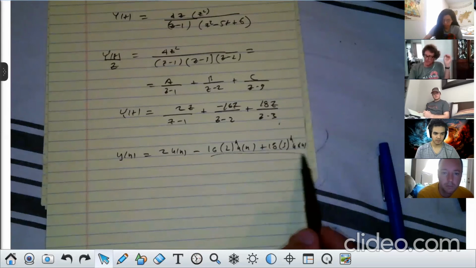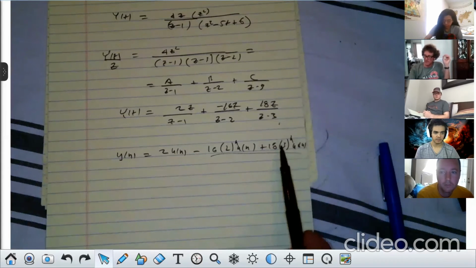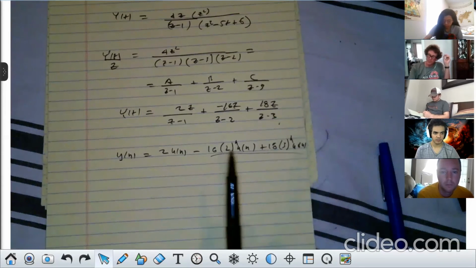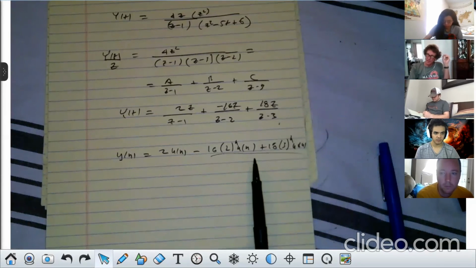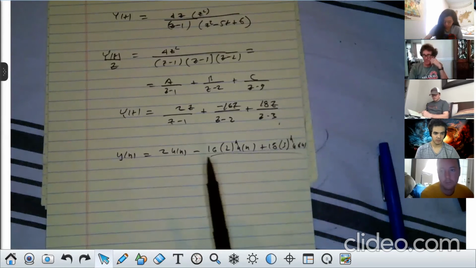Look at the response. Isn't it unstable? 2 to the n as n gets large is going to infinity, so is 3 to the n. It's an unstable output. This is an output that would last to a point, but then the system would go unstable. Whatever this is describing, it could be describing anything from pressure to velocity, but whatever it is describing is going to go into a failure mode at some point.